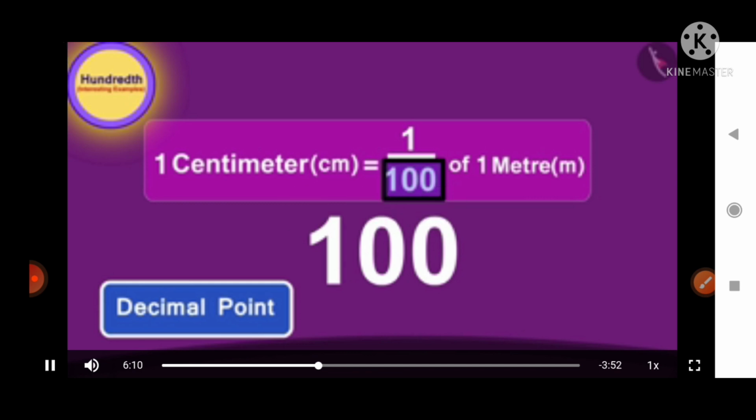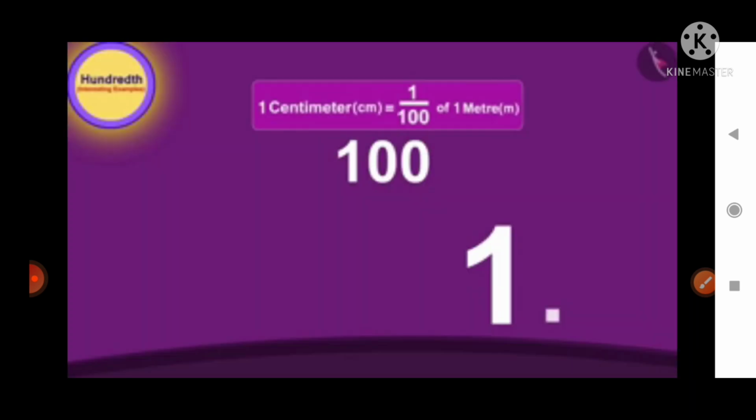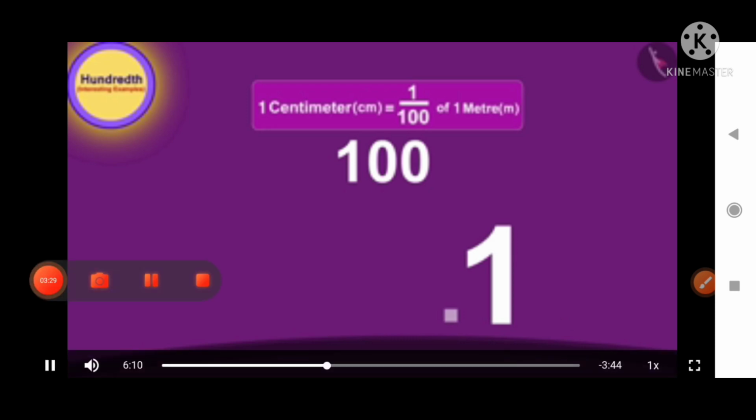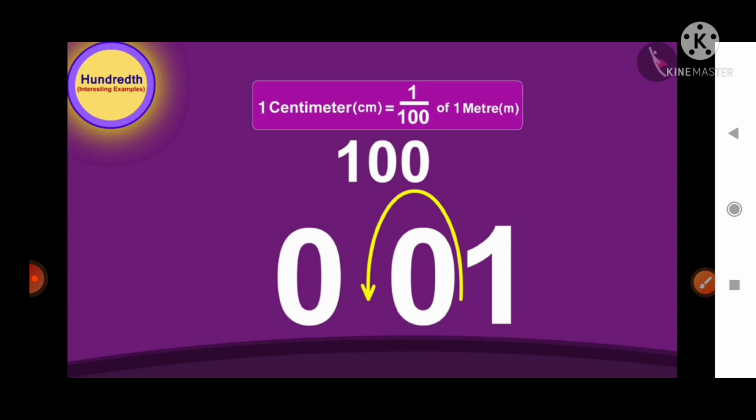We start from the end of the number like this, 1, and because this number has only one digit, we can add a 0 on the left side and then slide the decimal point to the left for the second time.